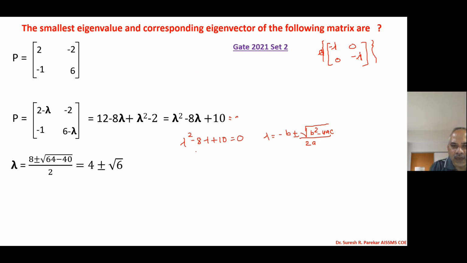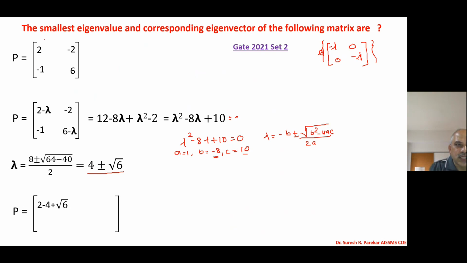The value of a is 1, b is minus 8, and c is 10. Substituting the values: minus of minus 8 is 8, b square is minus 8 square, which is 64, minus 4ac with a 1 and c 10, and likewise we get 4 plus minus root 6.